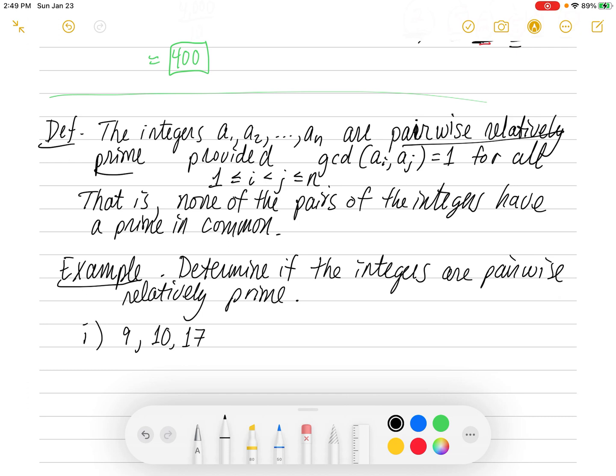Basically we're going to look at these in pairs, taking 2 at a time. I'm going to look at 9 and 10. Those are relatively prime. Then I'll look at 10 and 17. That pair is relatively prime, right? They have no prime in common. Then I'll look at 9 and 17. They have no prime in common, so yes, the integers are pairwise relatively prime.